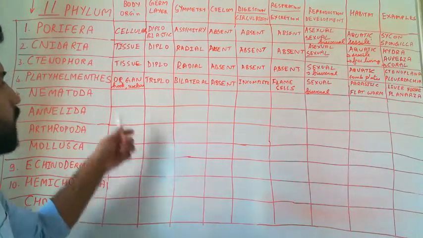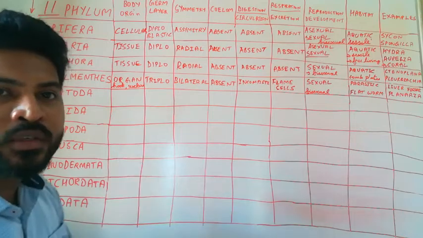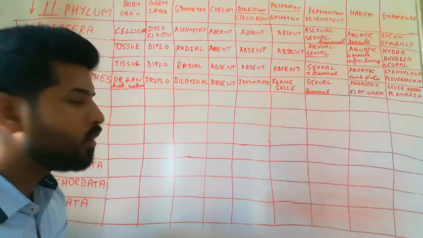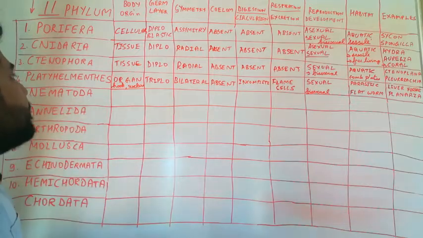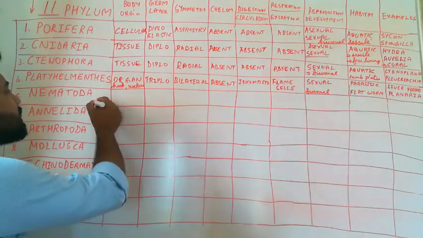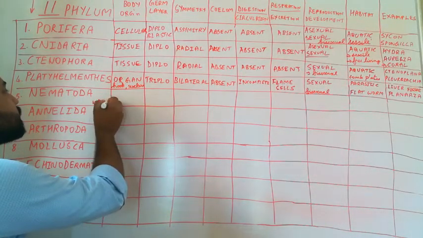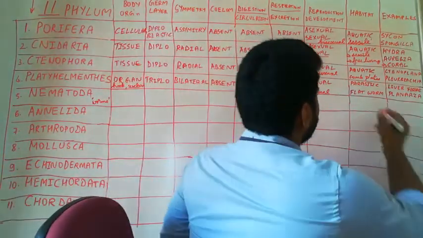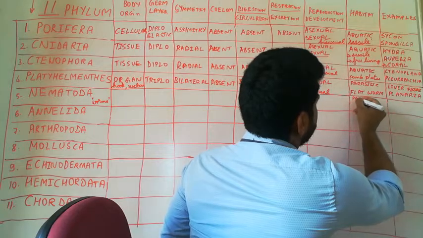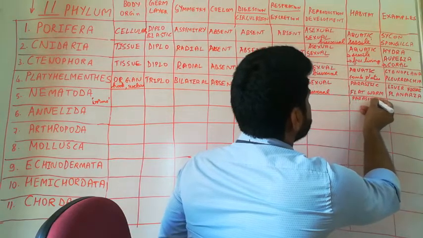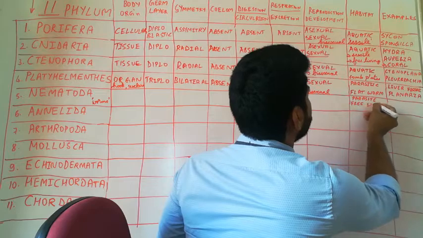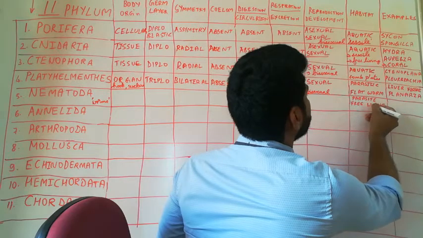Moving on to the next phylum called Aschelminthes or also Nematoda. These are what we call the worms. These are also mostly parasites or they could be free living.